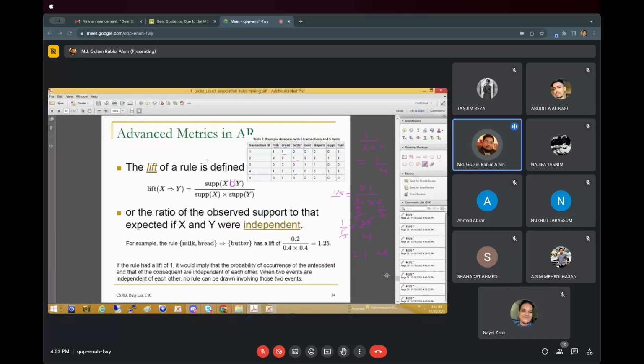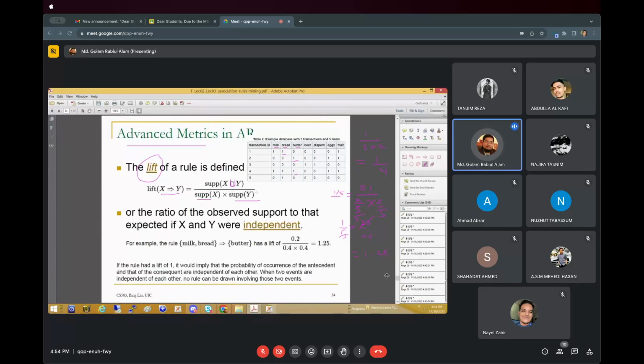For that, we usually use some advanced metrics, and one of them is called lift. Lift between x and y, or x implies y, will be the support of x and y divided by the support of x times the support of y.